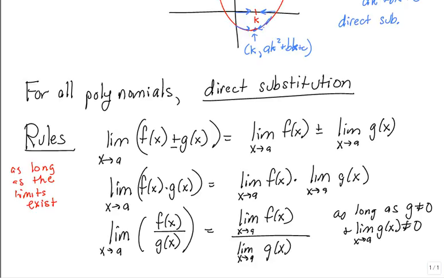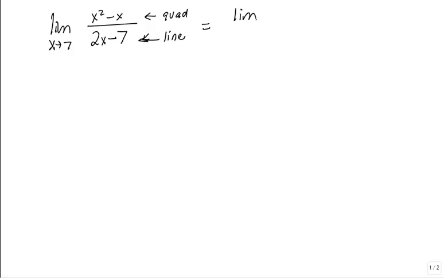Let's look at an example. Let's look at the limit as x approaches 7 of x squared minus x over 2x minus 1. On top I have a quadratic, and on the bottom I have a line. So I know the limits exist separately.